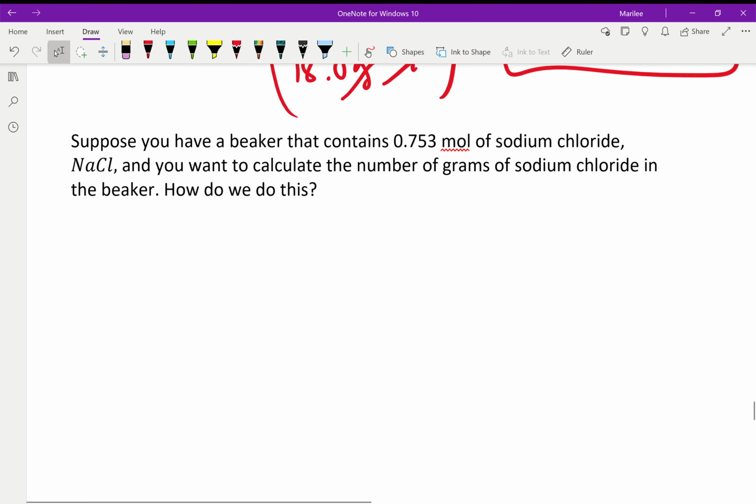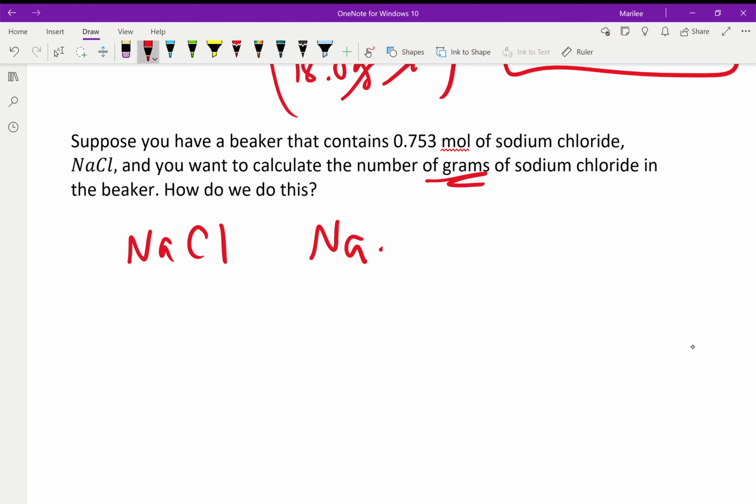Suppose you have a beaker that contains 0.753 moles of sodium chloride, NaCl, and you want to calculate the number of grams of sodium chloride in the beaker. So how do we do this? So our final answer needs to be grams. NaCl, sodium is, we have 1 atom of sodium times 23.0 grams.